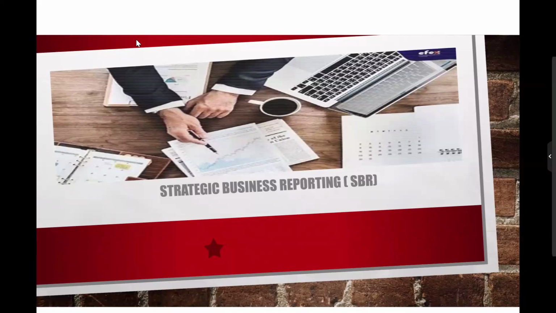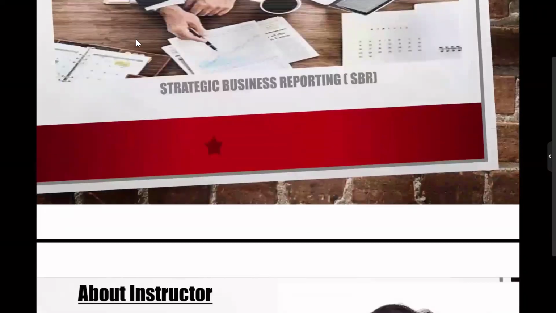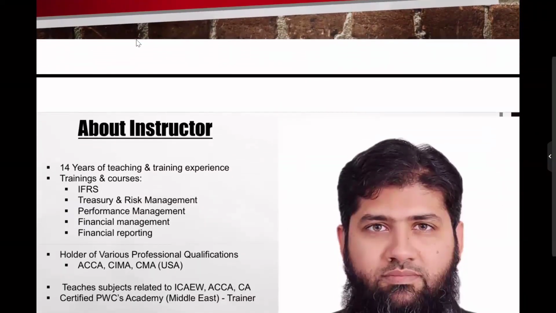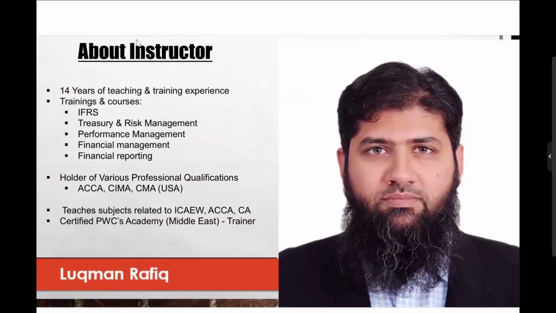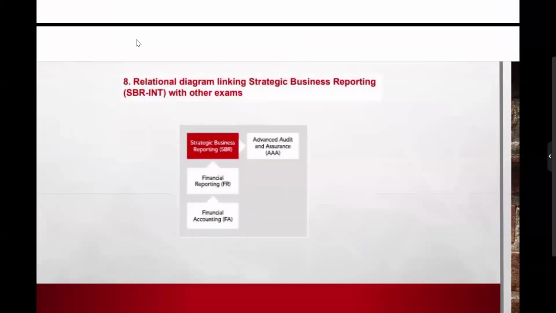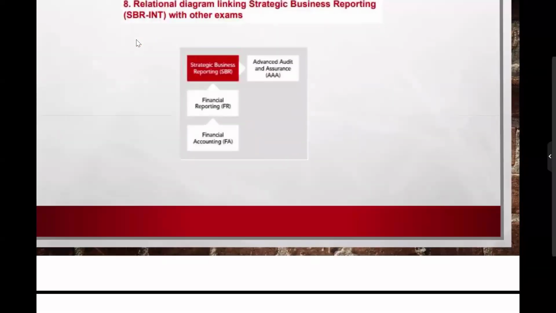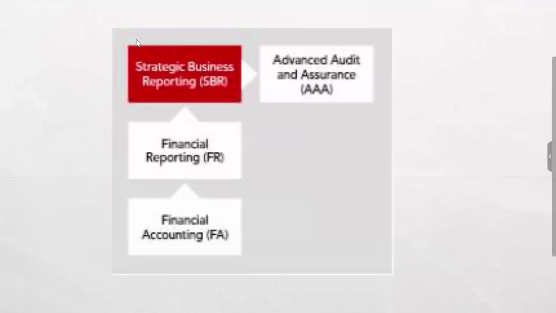So now let's start off with the strategic business reporting. The first important thing you need to understand is that this is one of those papers that has a connection with the financial reporting examination, which you have already studied.